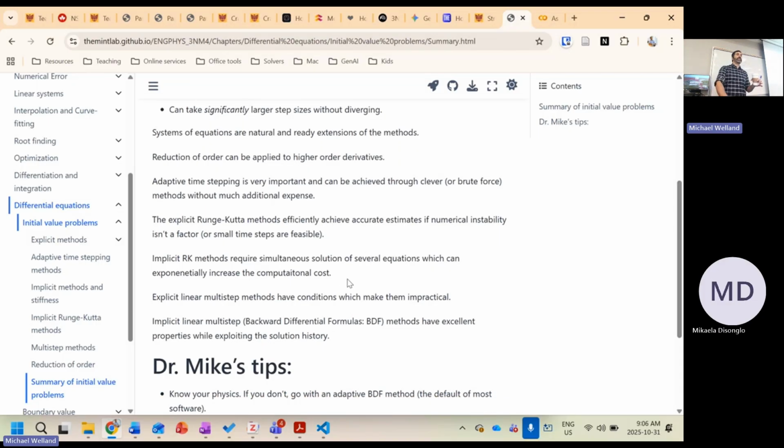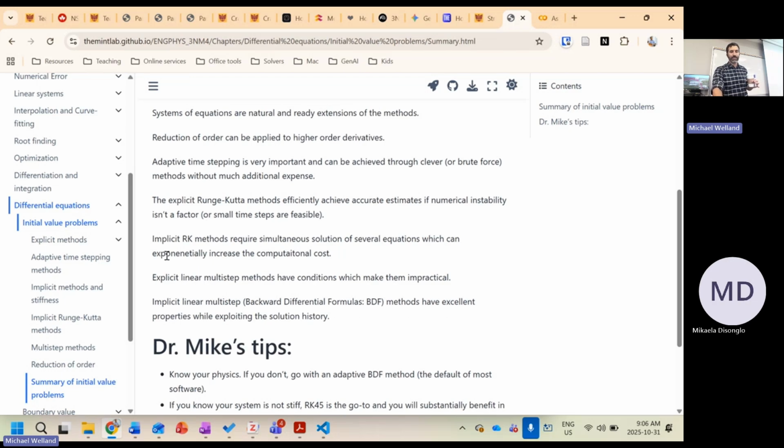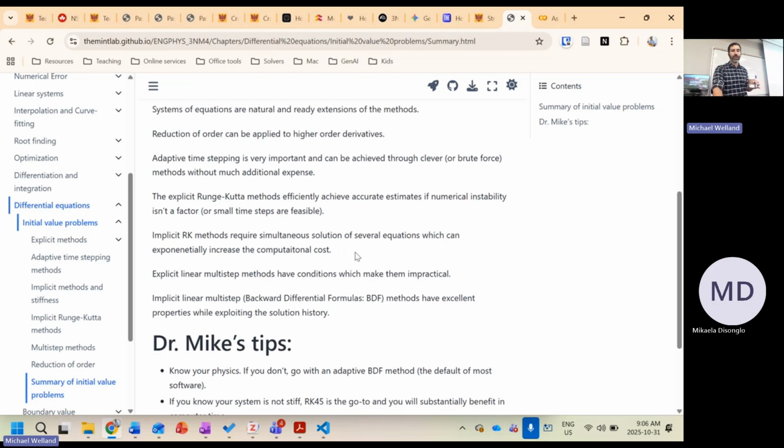Implicit RK has to solve a whole collection of these multi-step solutions at the subdivided time steps. It's a nightmare. I have not seen a good, robust application that uses that. I have yet to see one. Not to say that it doesn't exist. It exponentially increases the computational cost.